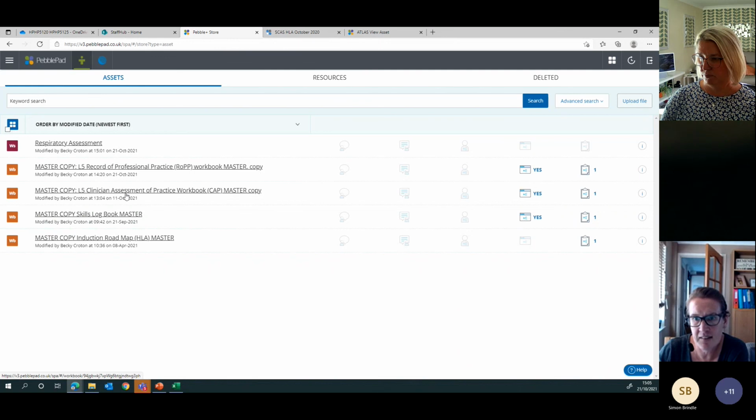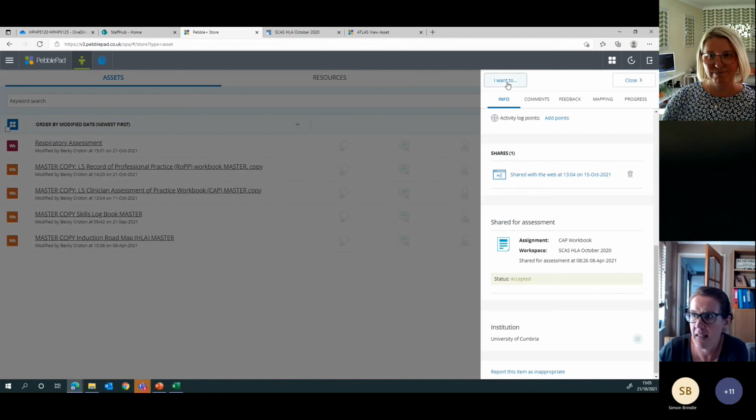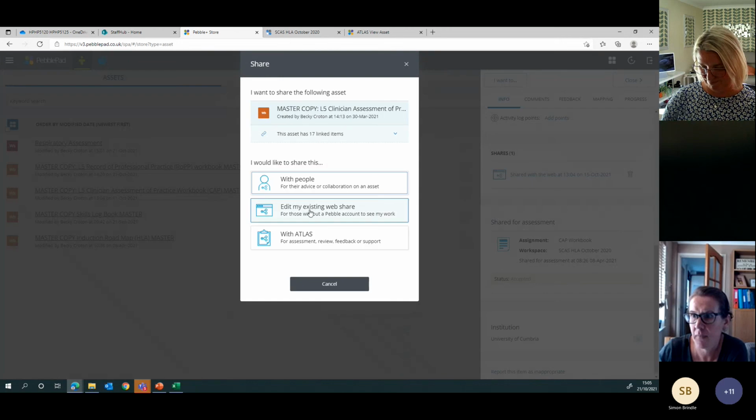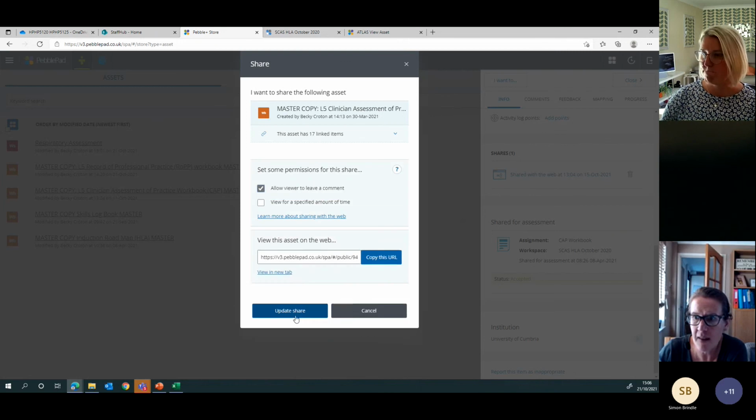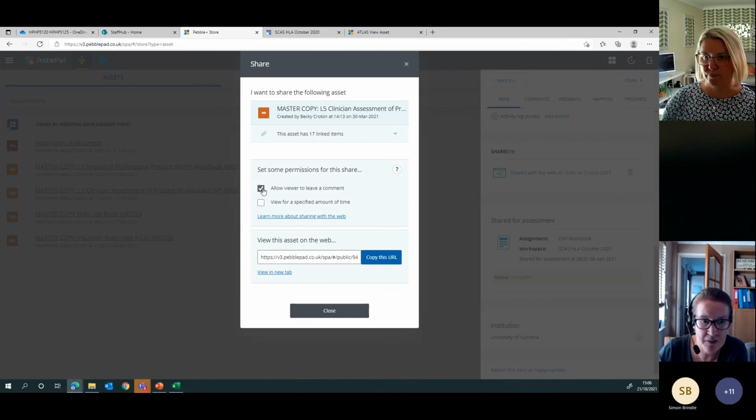So the way they do this is they go into their asset store, and as they go along, there's this little person here. Okay, so they click on that, and then they click on I want to, and it's share. And then they edit my existing web share for those without a PebblePad account to see my work. They can tick a box so it allows you to leave comments on there, and then view this asset on the web and then copy this URL.